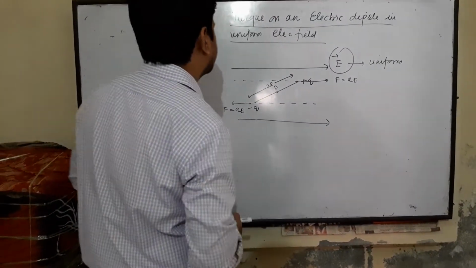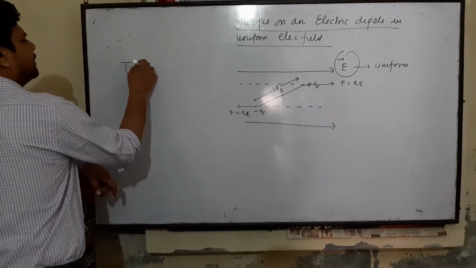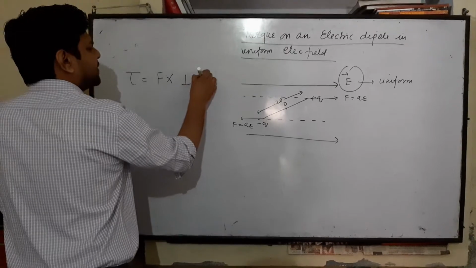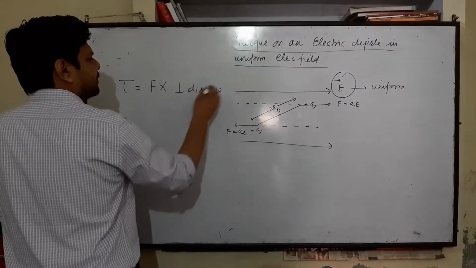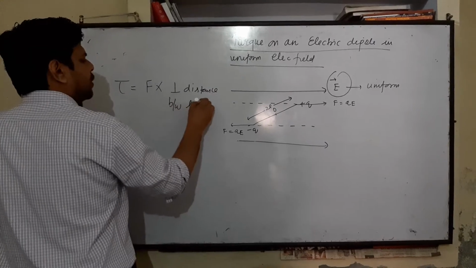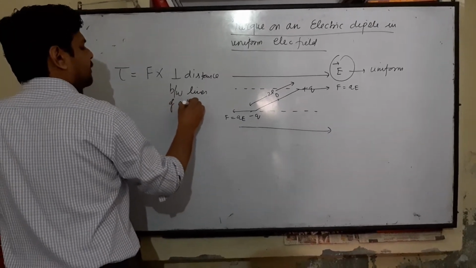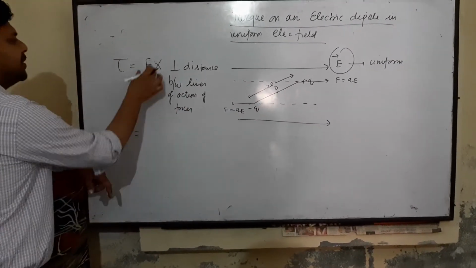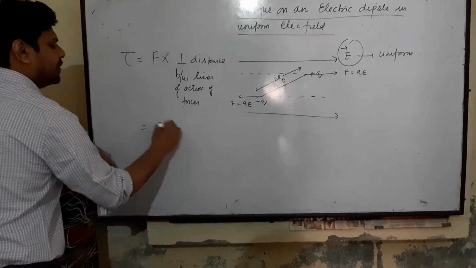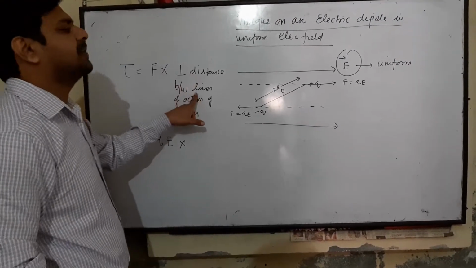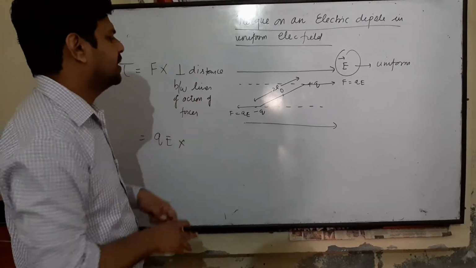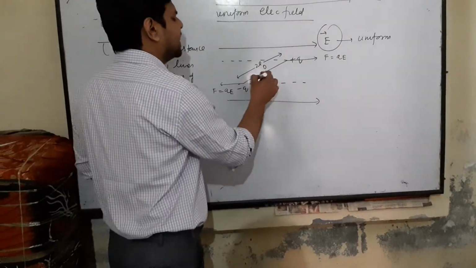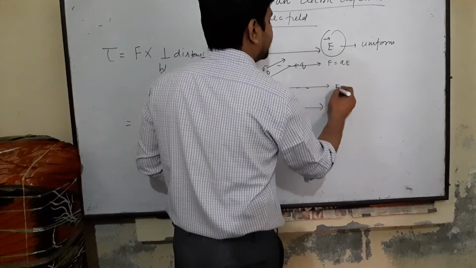Then we have to calculate this torque. How can we calculate the torque? The formula for torque is the magnitude of one force times the perpendicular distance between the lines of action of the forces. The magnitude of one force is F equals QE, times the perpendicular distance between the lines of action of the forces. In the beginning, we assumed that the dipole is placed at an angle theta from the direction of the electric field.